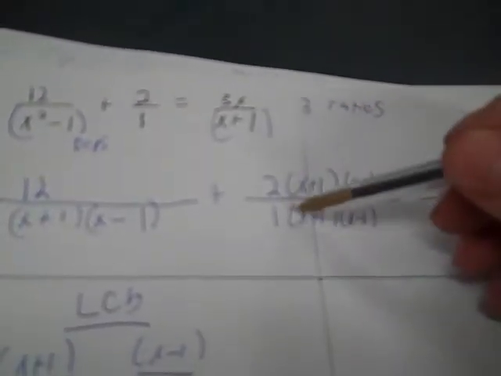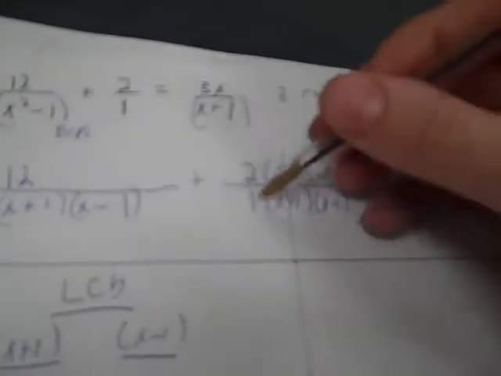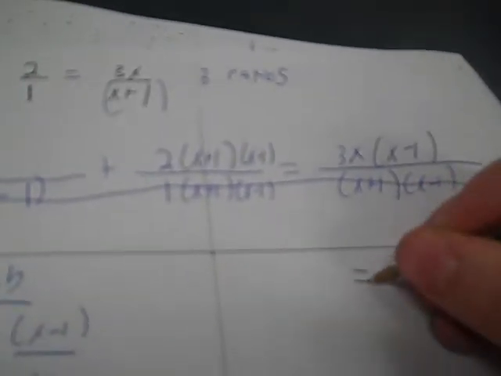Okay, so now the bottoms are all, for intents and purposes, the same. Having that 1 there. If it's any number but a 1, you have to deal with it. But if it's a 1, we can eliminate it. Okay, now, I could be a real butthead here, sorry, and multiply 2 times x, 2 times 1, and then have to FOIL 2x plus 2 with this, and then add a 12 in there.